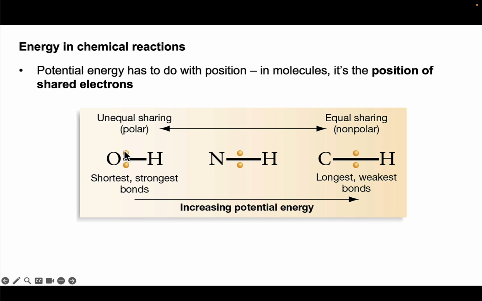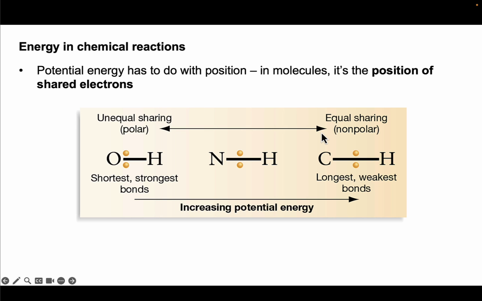And over here, we have a polar covalent bond, in which it's a bond between an electronegative atom and oxygen and hydrogen. And as we've talked about, electrons in this bond will spend more time around the electronegative atom than it will around hydrogen. This forms a very short and strong covalent bond, okay?